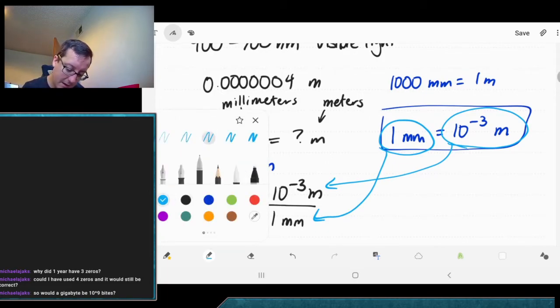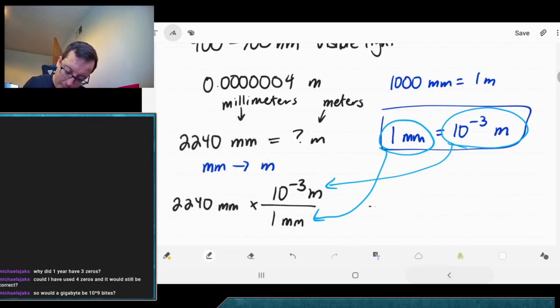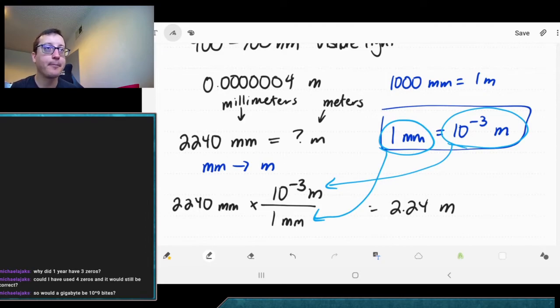And we end up with 2.24 meters once we do this math. All right. Hopefully that's okay.